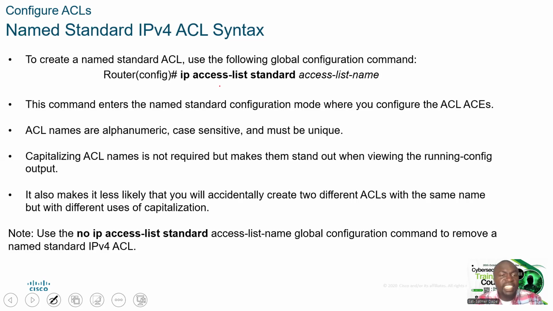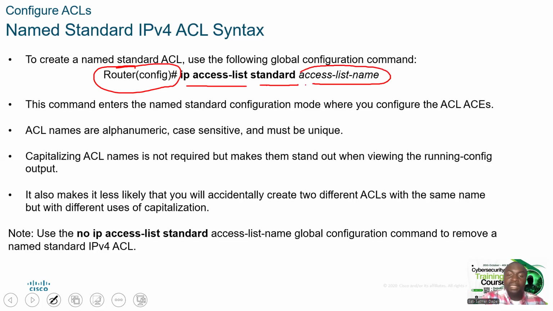To create a named access list, use the following global configuration commands. You're still in global configuration mode. What you do is ip access-list, then you type the keyword standard to tell it that you want a standard access list. After standard, you give the access list name.